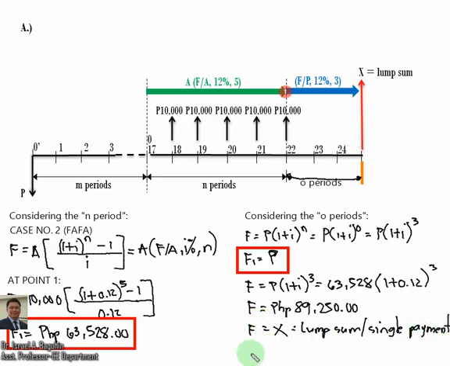So we can say that X is just equal to 89,250.00. So this would be our answer for this problem, okay?